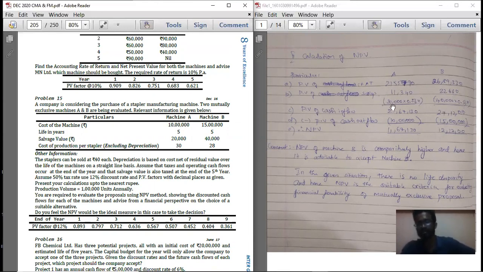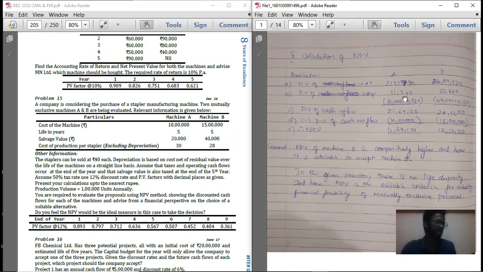So now total it. Underline it and total machine A and machine B. Machine A: 21 lakh 55,790 plus 11,340, you are getting 21 lakh 67,130.